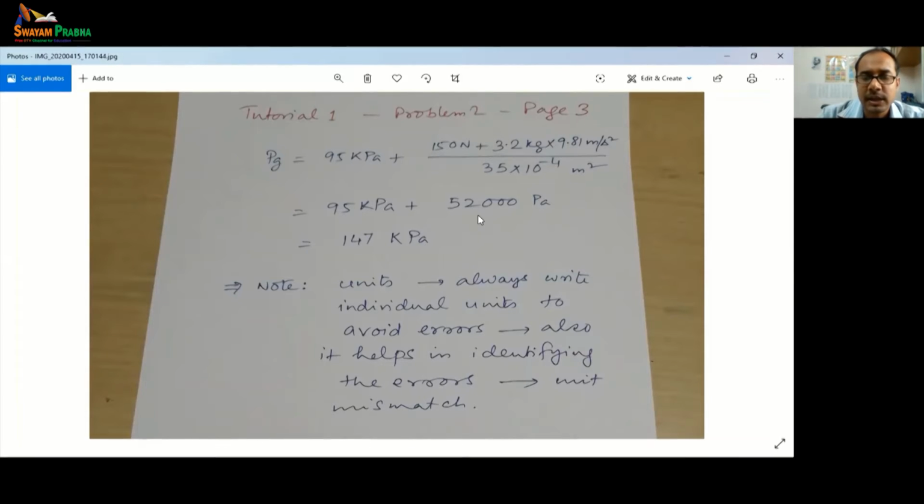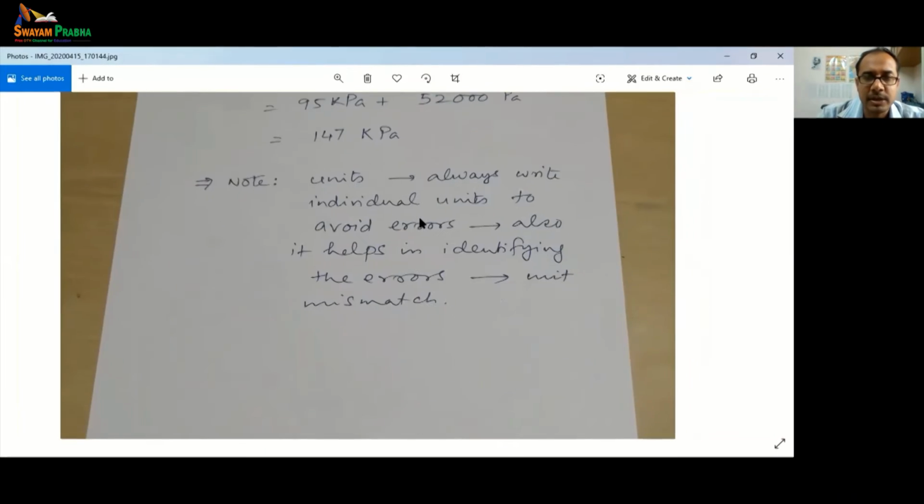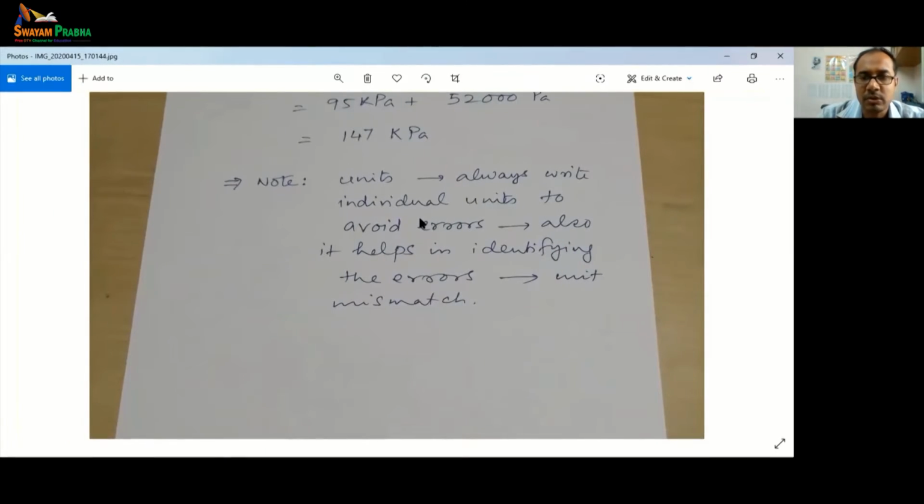But as I have written kPa and continue that everywhere, I can directly see that these two cannot be summed up as is. We have to convert it first to kPa and then we can sum it up. So this is 95 kPa plus 52 kPa, which is 147 kPa.